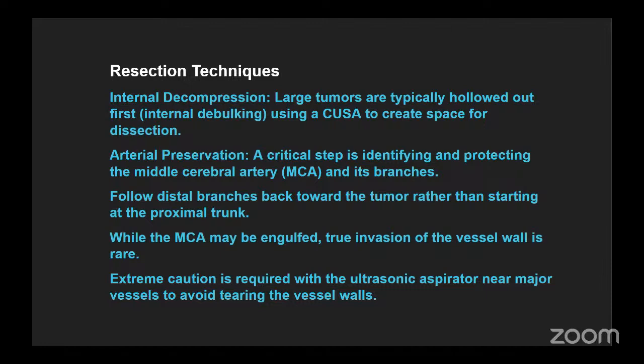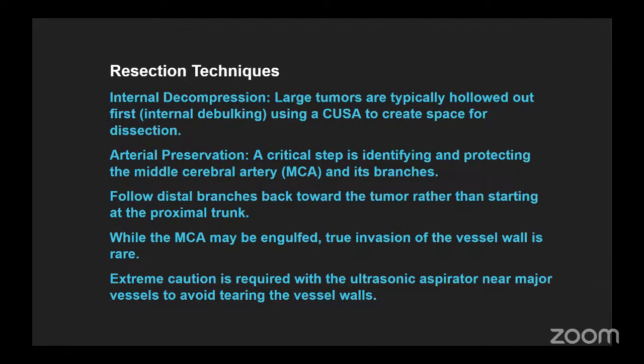Also, CUSA is not a good idea in the vicinity of major vessels because CUSA can nick the wall of the vessel. Maintain the arachnoid planes. Avoid CUSA when you're working in the vicinity of the MCA or even the distal branches.